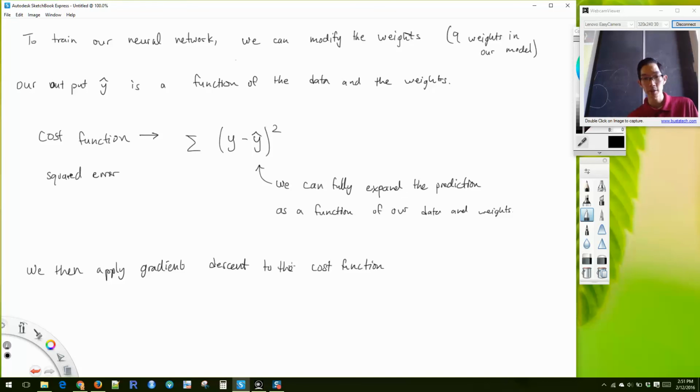So we'll apply gradient descent to the cost function and try to find the correct weights for our model here.